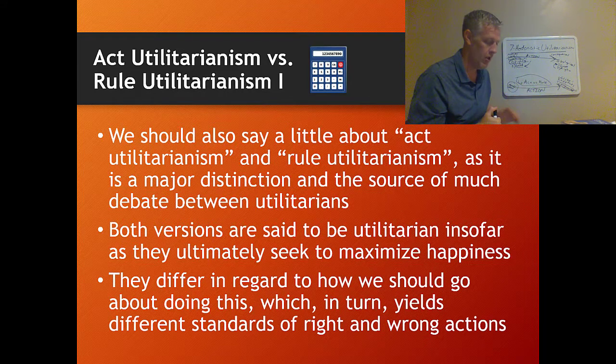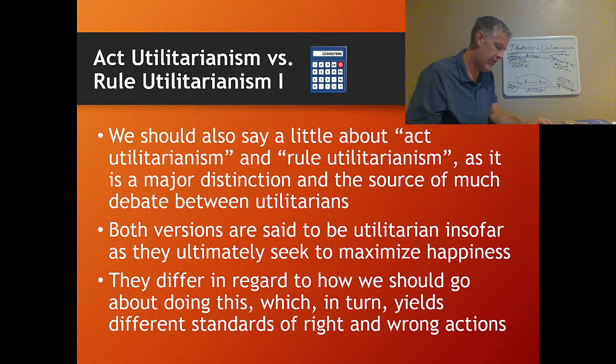That's where they differ. So don't lose sight that they're both versions of utilitarianism. Even when the rule utilitarian on the next slide recommends the same course of action as the deontologist, it's not for the same reason. It's because he or she thinks that in following whatever rule applied, they would promote the greatest happiness for the greatest number, which is never the reason why we ought to do something for the deontologist.